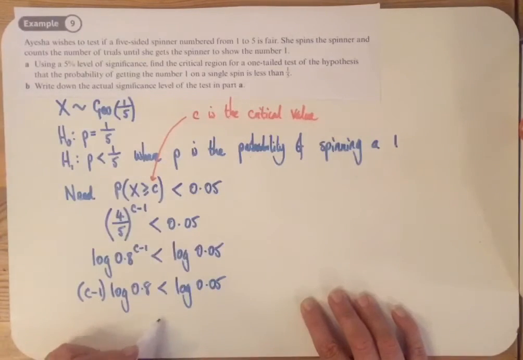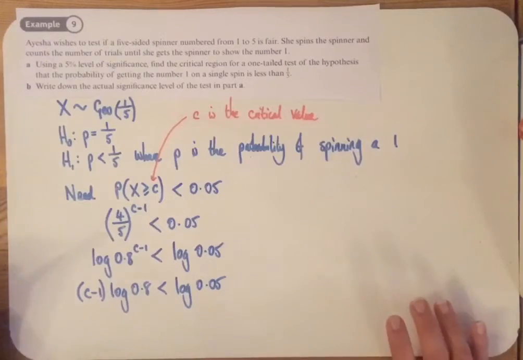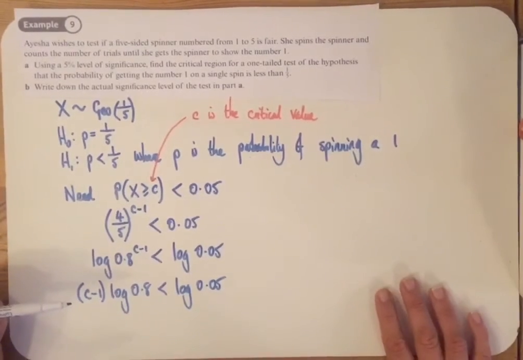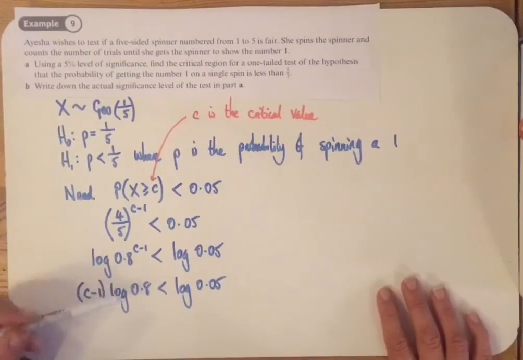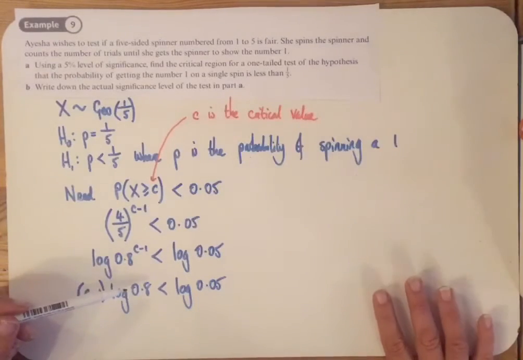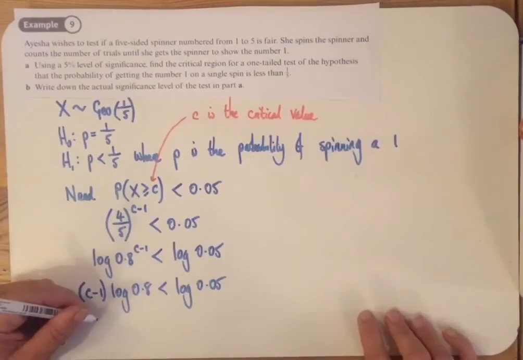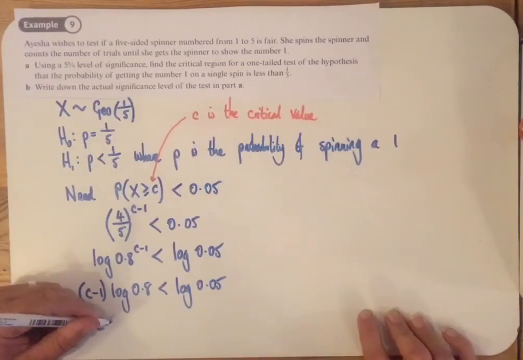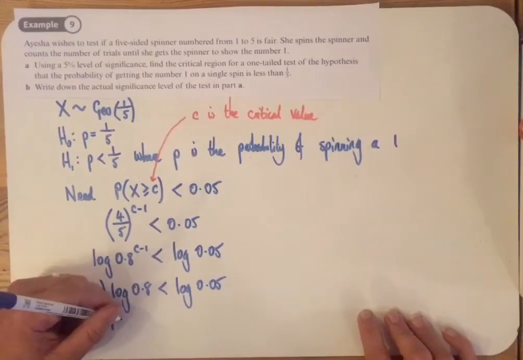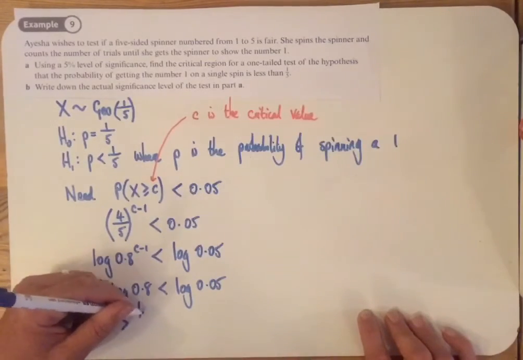And now I can divide by log 0.8. Just be a little bit careful here. If you've got log of anything between 0 and 1, it will come out negative. And so when you divide by log of 0.8, you need to flip your inequality sign.